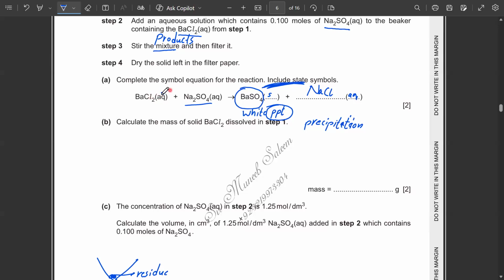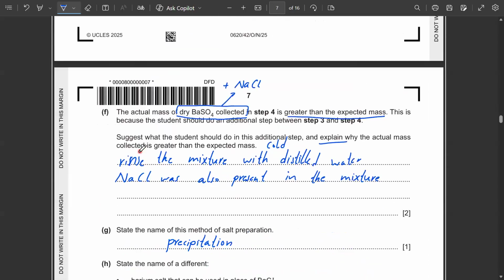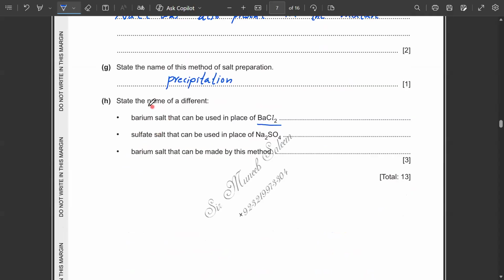It must be aqueous and it is a salt of barium. So we can have barium nitrate, Ba(NO3)2. This is a formula, and the question says the name, so we write the name here: barium nitrate.